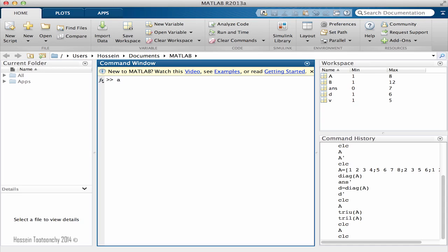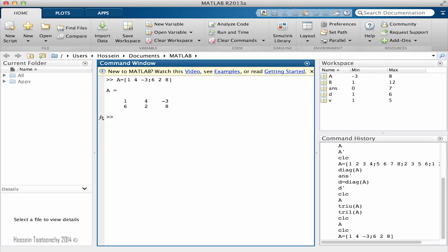Let me create a matrix. Let's call it A equals 1, 4, -3. And the other one is 6, 2, and 8. Okay, so I created a matrix like that. What I actually mean is this one.